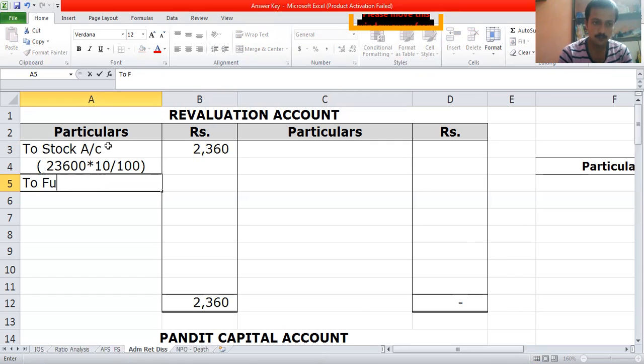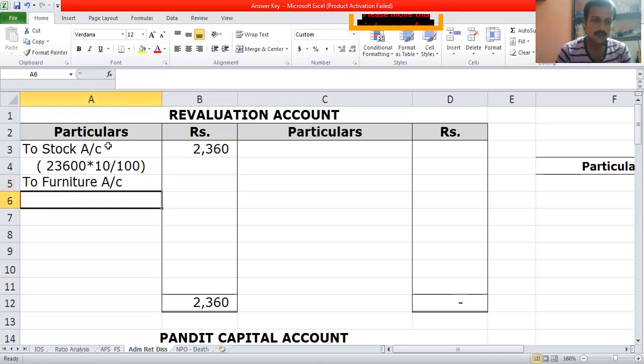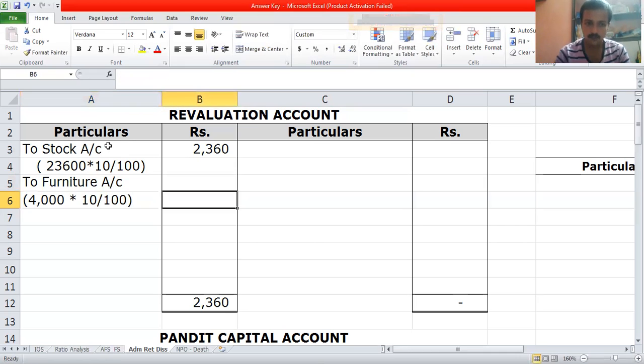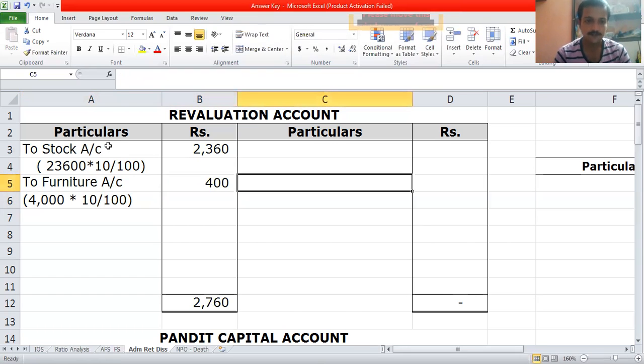And then next we have furniture. So to furniture account, and again the amount is 4,000 multiplied by 10%. Here the star indicates multiplication; you can use the X symbol there. So it will be 400. And there is a PDD.